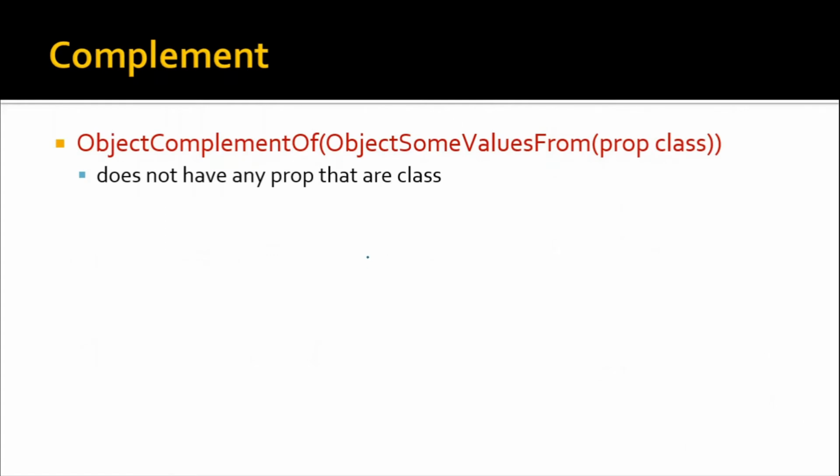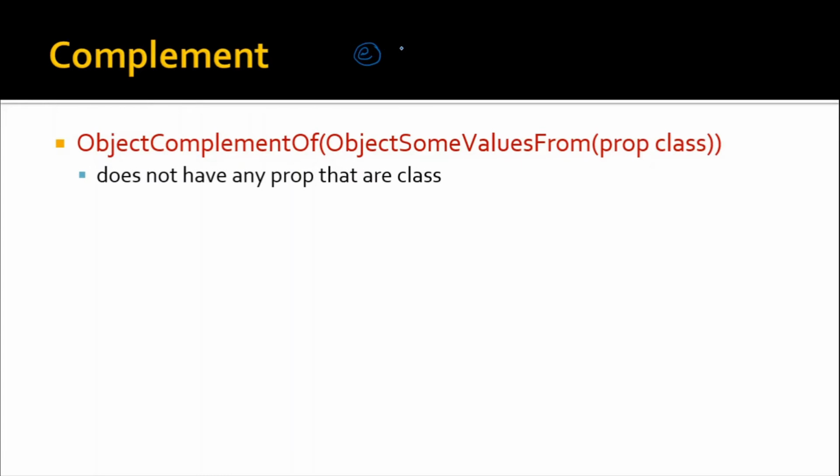Now let us see what we mean by the object complement of object some values from prop class. That means the expression does not have any property that is of this class. So again let me draw it. You have E, right?